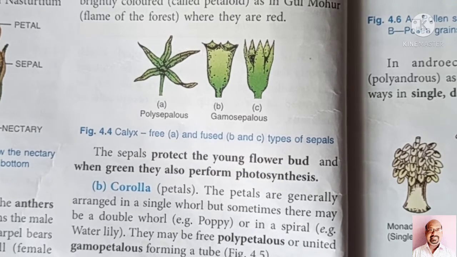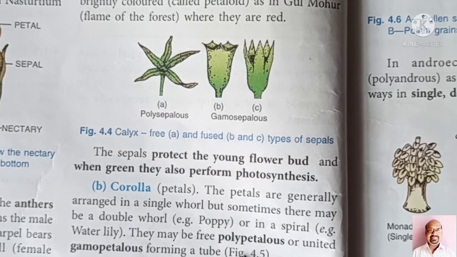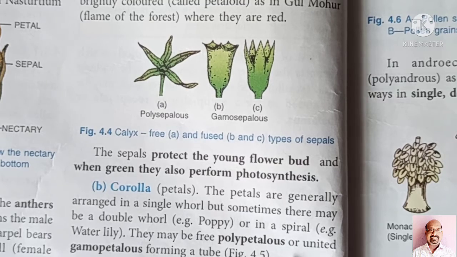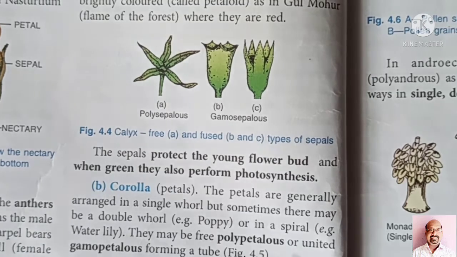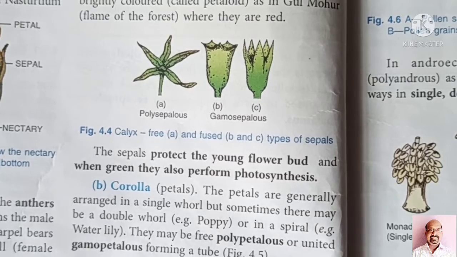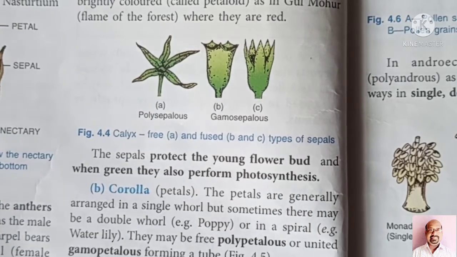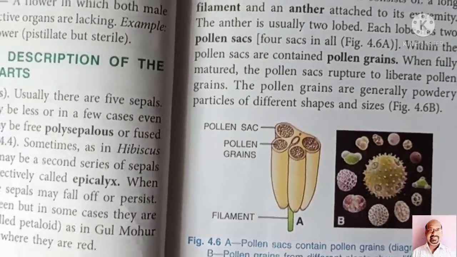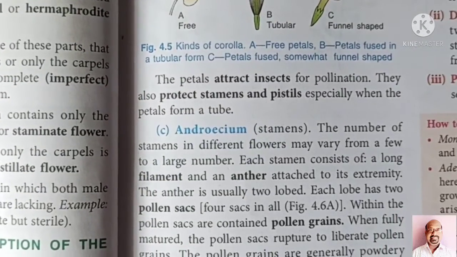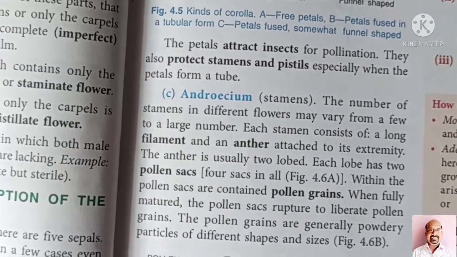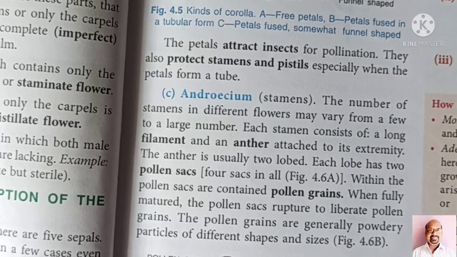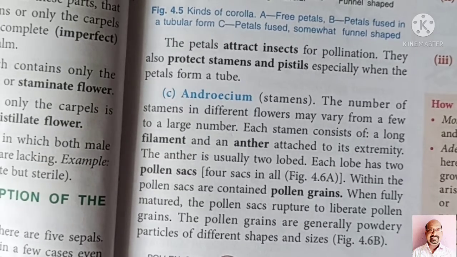If the petals are free, they are called polypetalous flowers, and if fused, then it is called gamopetalous flowers. These petals attract insects for the process of pollination, especially when the petals form a tube.